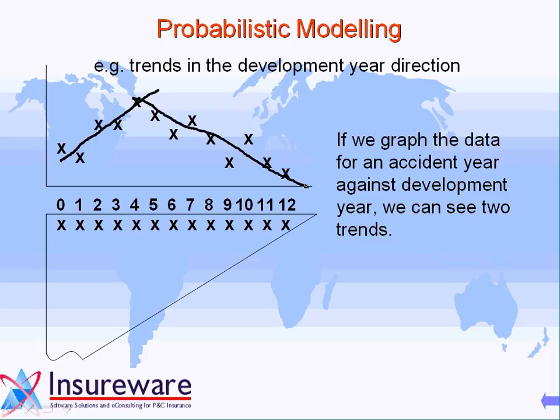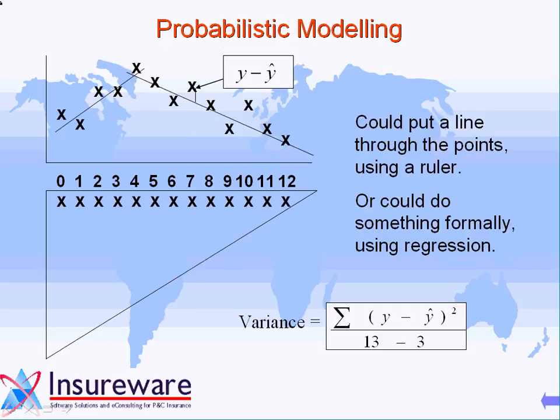So it seems that the kind of thing you might want to do in your spreadsheet is actually estimate those true trend lines. So in your spreadsheet, we're going to estimate a trend line from development years 0 to 4, and the new trend starting at development year 4 all the way to development year 12.